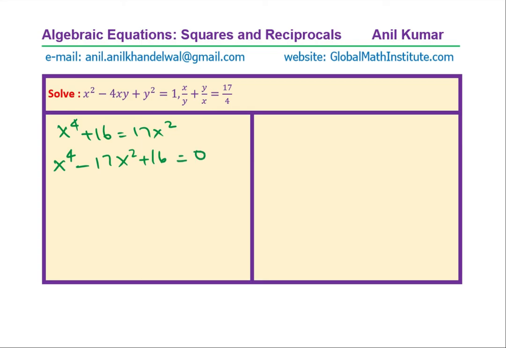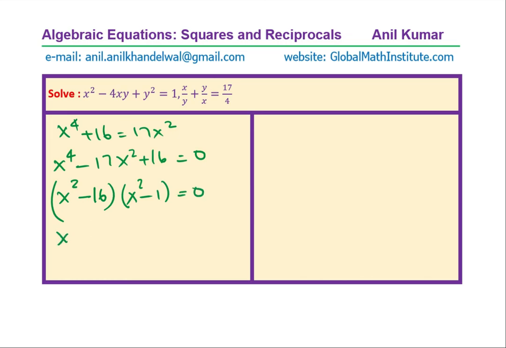We can factor this. 16 times 1 is 16, both negative will give me positive 16, and adding them gives me 17, with a negative sign. 16 and 1, right? So x squared minus 16 times x squared minus 1 is how we can factor this.